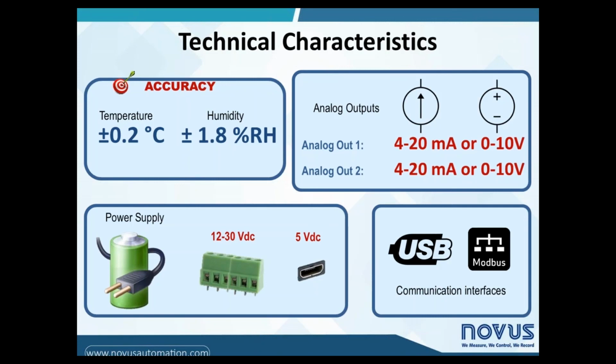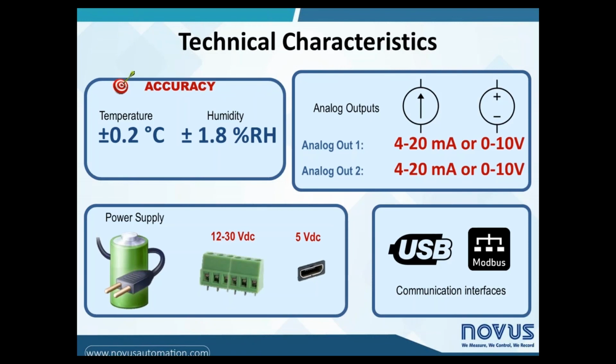As mentioned before, the RHT Climate has 2 analog outputs. Each one can be configured as 4 to 20 milliamps or 0 to 10 volts just by software. No jumper is needed. The power supply for this device is by the internal connector and may range from 12 to 30 volts DC.